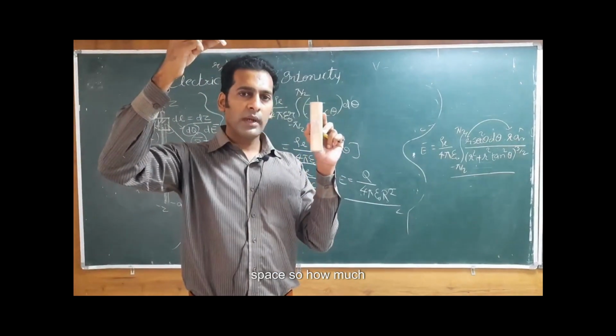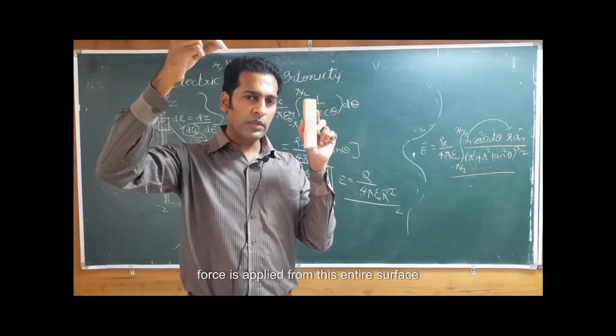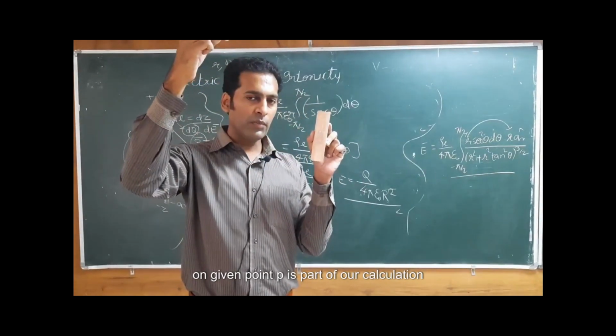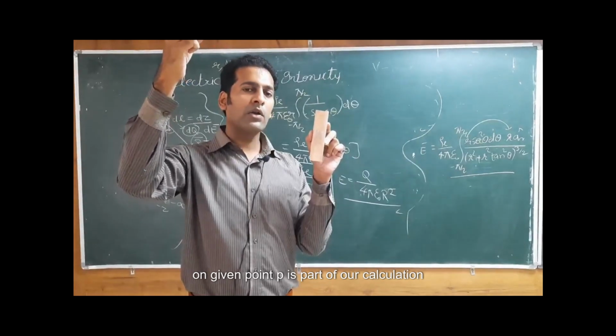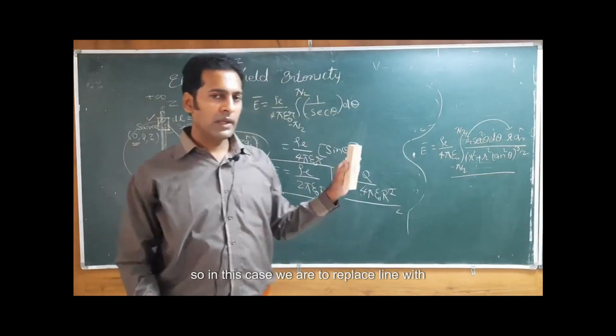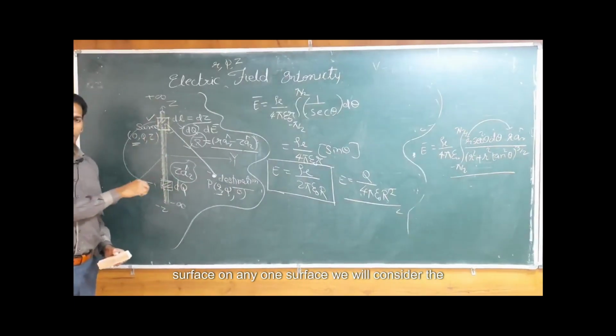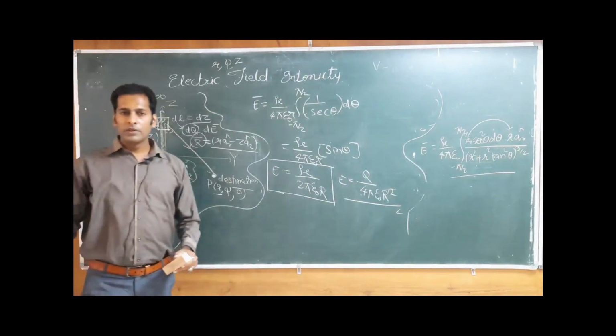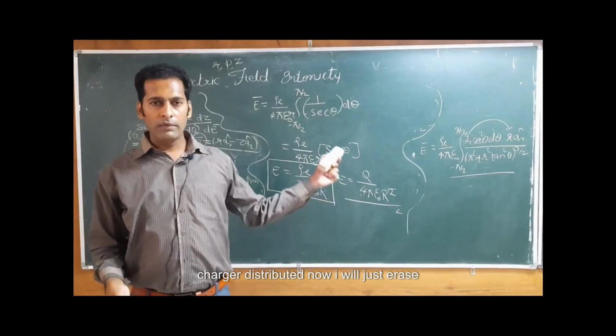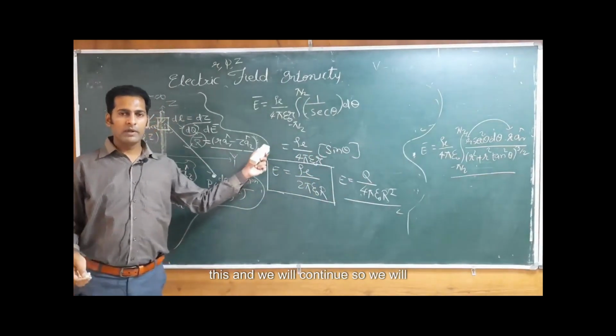So how much force is applied from this entire surface on given point P is part of our calculation. So in this case we have to replace line with surface. On any one surface we will consider the charges distributed. Now I will just erase this and we will continue.